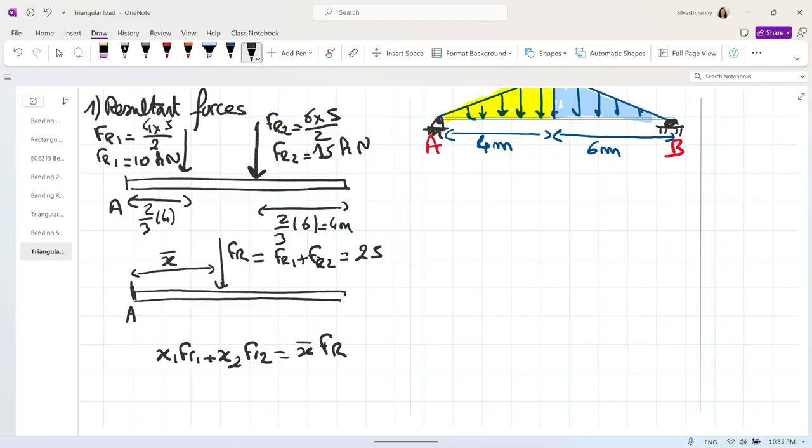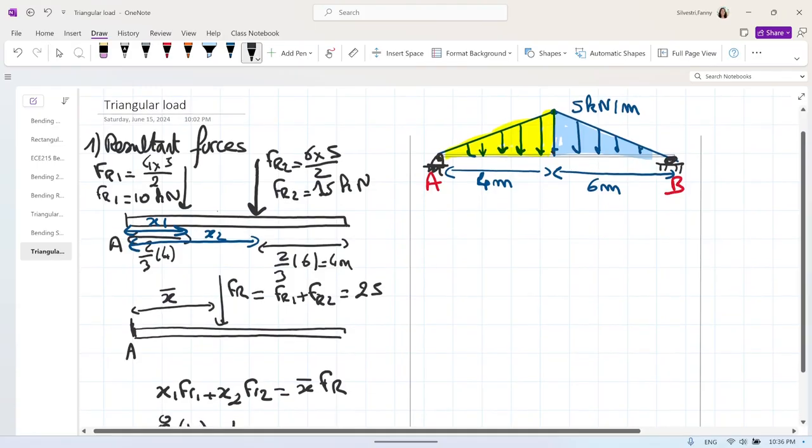So now let's do this equation of moment. Just be careful: x1 will be there, and x2 will be there. Always from the same point, don't change the referential. So x1 is 8 divided by 3, FR1 is 10. x2 will be 4 meters, the distance of the first triangle, and 1/3 of 6.